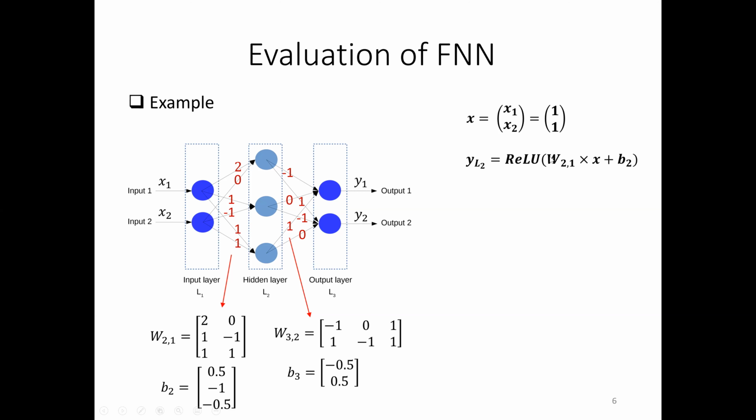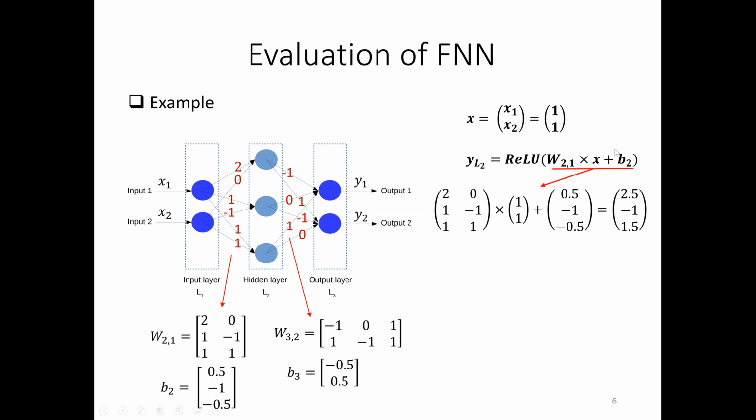So first we compute the input to all the neurons of the hidden layer: W_2,1 times X plus B2. And then you apply the ReLU activation function on that input vector. So to compute the input to the hidden layer, you multiply this matrix with the input vector plus the bias B2, and then you get this.